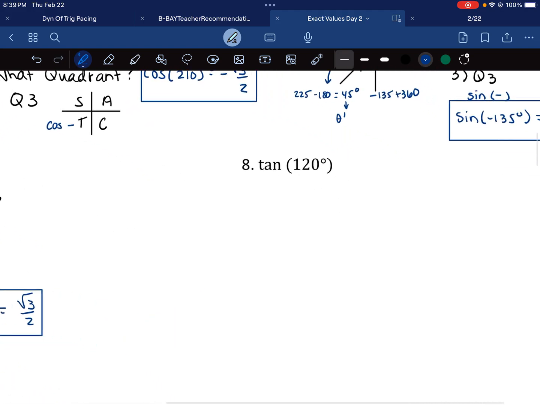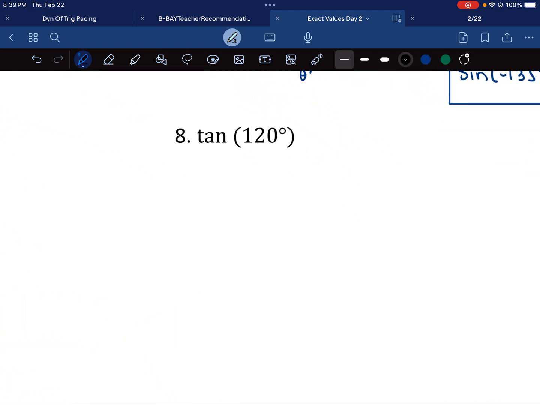All right, last one, tangent of 120 degrees. I have 120 degrees in quadrant 2. I should make that a little higher, actually. There we go. Bad sketch, sorry about that, but this is 120. My reference angle is made with the x-axis.